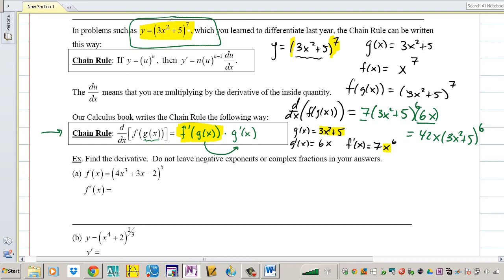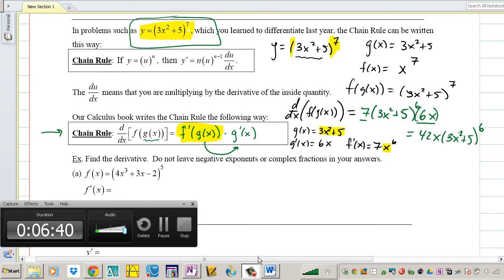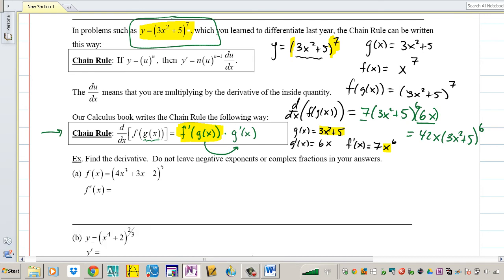Y is equal to (3x squared plus 5) to the 7th power. Now, what I mean by composite function, I mean that every function is a composite function, every single function. You just don't know about it. For example, you can give me the most simple function, x squared. Well, x squared is a composite function. How so?